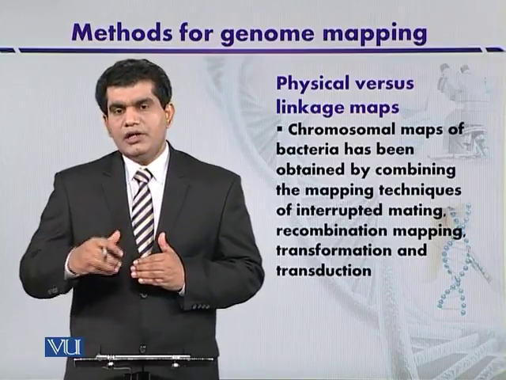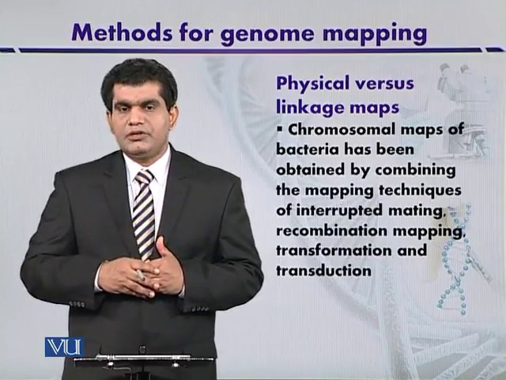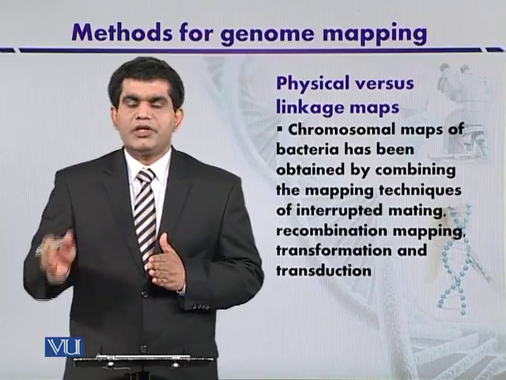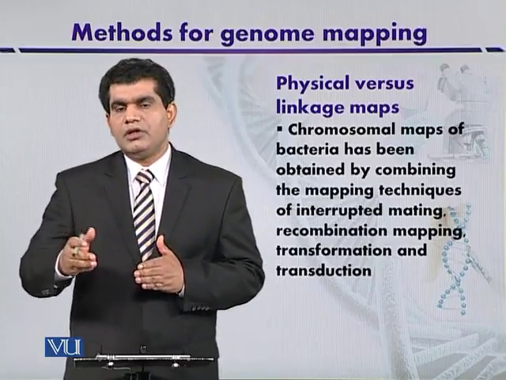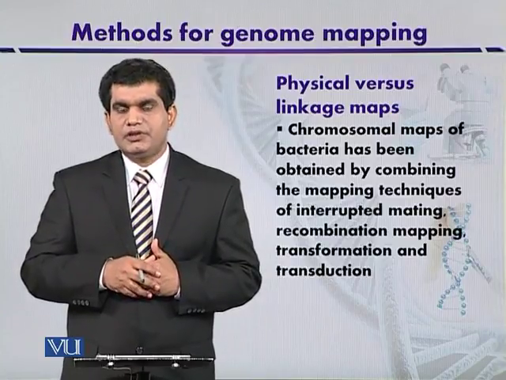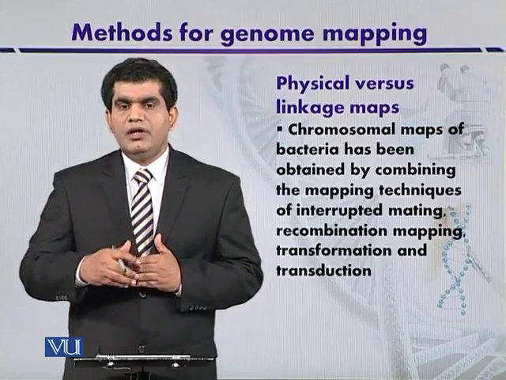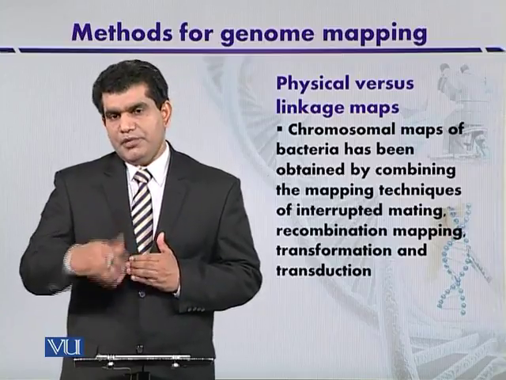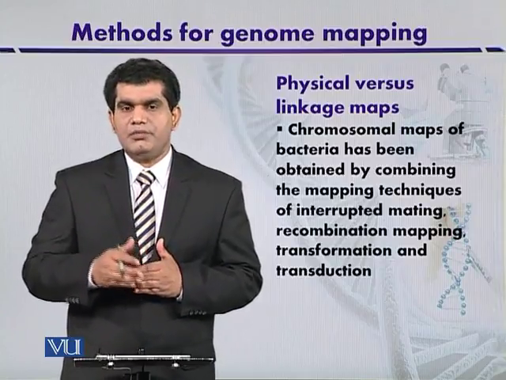So, interrupted mating is a process by which the sequence of transfer of genes from donor to recipient can be studied after interrupting the mating process at different time intervals.